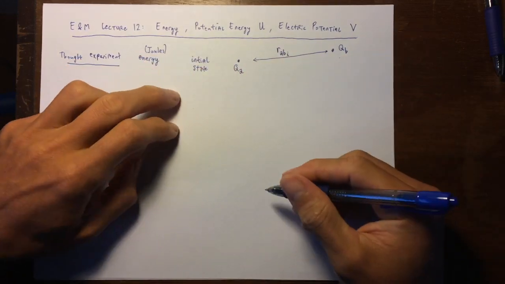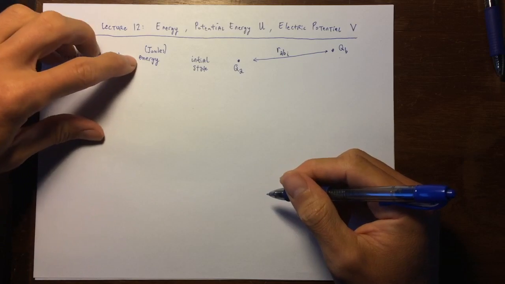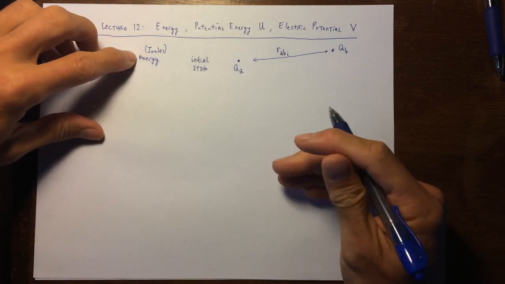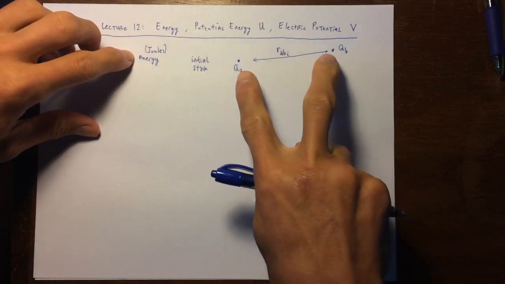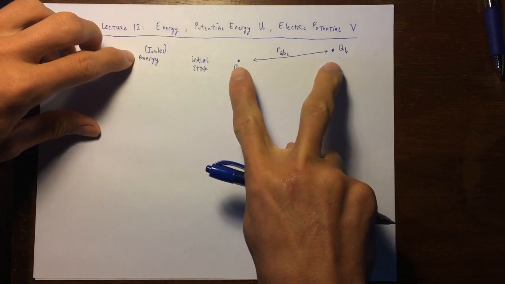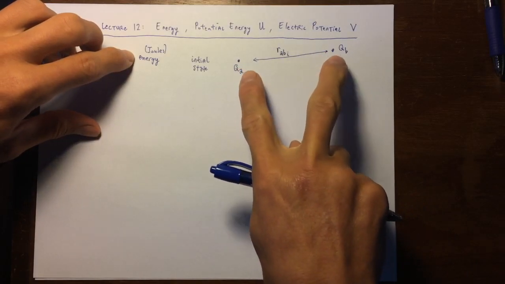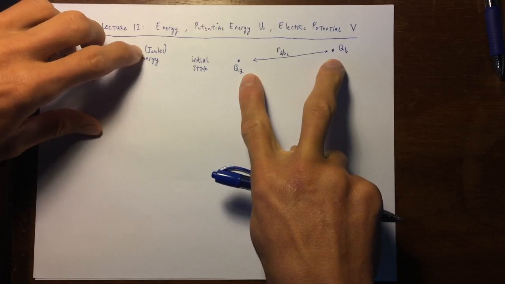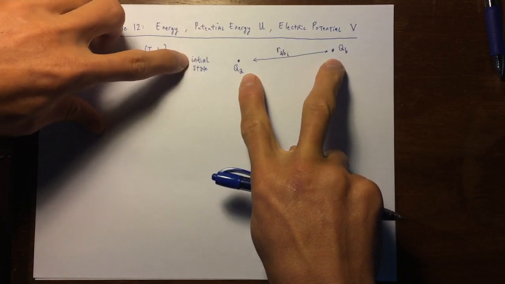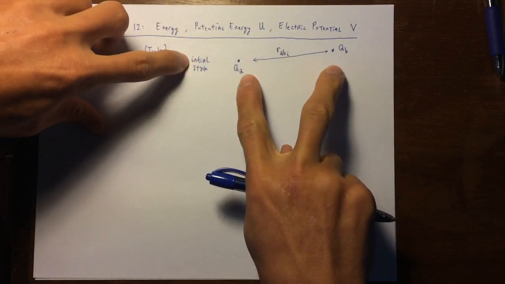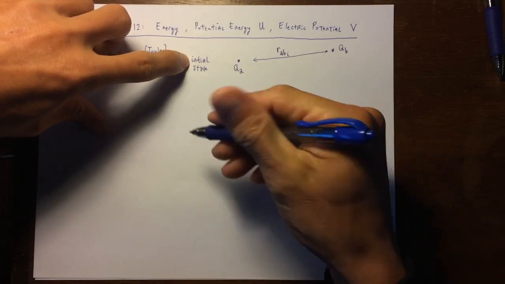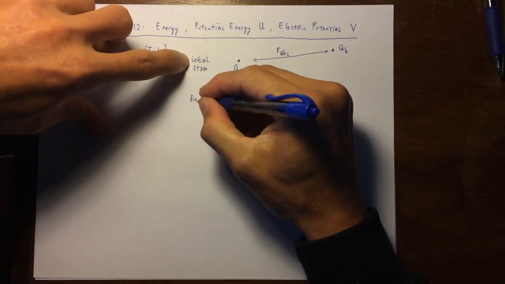So what? The interesting thing about thinking about energy is how you might take this system of two charges that are repelling or attracting each other and causing it to change from some initial state given by the separation distance, to some final state.